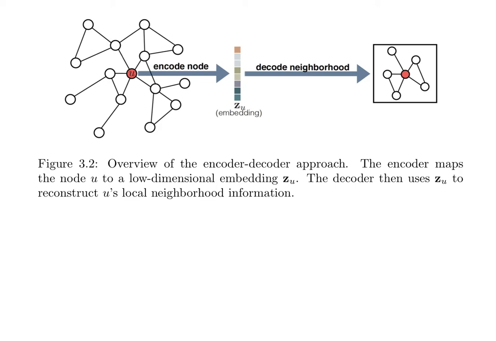The encoder is supposed to take each node and project it to a latent space and give us an embedding vector, which is a real valued vector. And then the decoder is supposed to take this embedding that belongs to one of the nodes in the graph and give us back information that can help in reconstructing the neighborhood around that node.